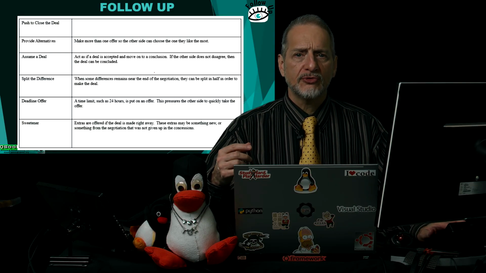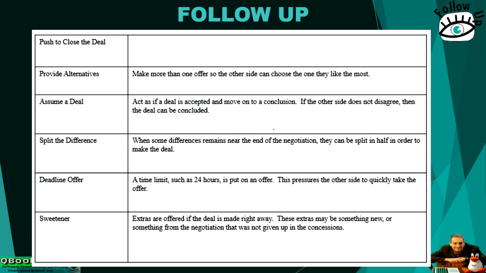You can also split the difference. The little bit that's left, just cut it in half. I want $1, and you won't give me $1. So what about half $1?